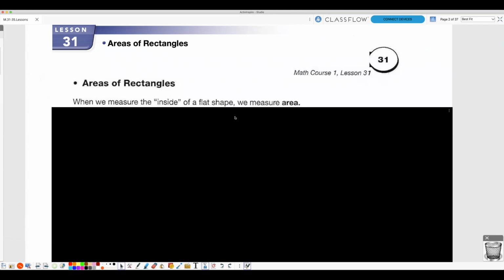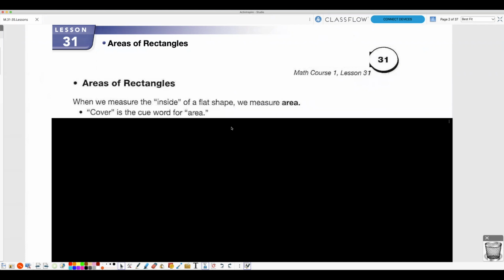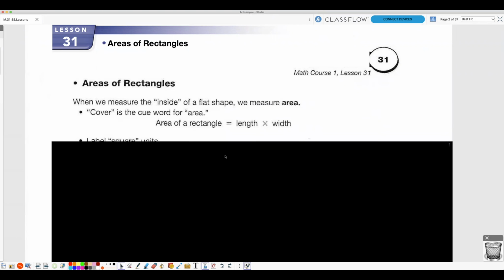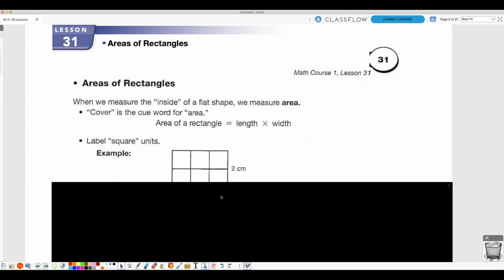Areas of rectangles include things when we measure the inside of a flat shape, we measure the area. So cover is the Q word for area. For example, area of a rectangle equals the length times the width, and labeling in square units.